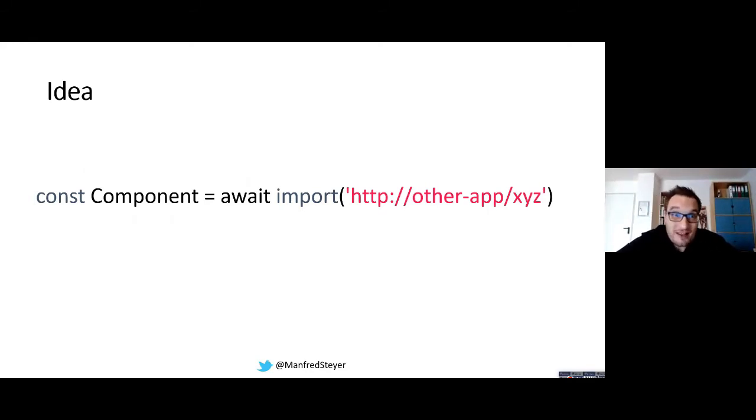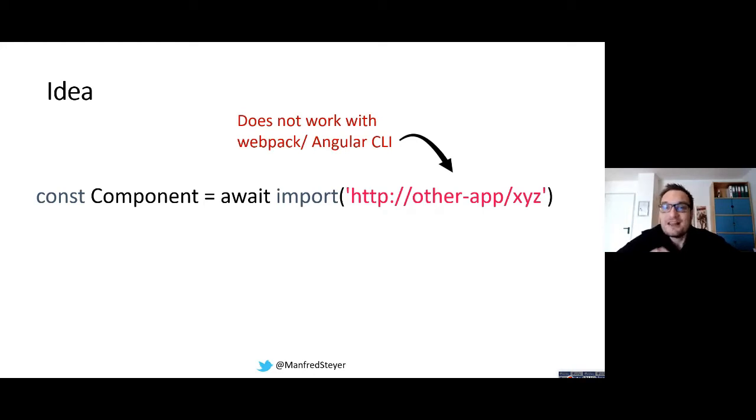Well, the thing is, in theory, this works. But in practice, when we are using Webpack, this does not work. And nowadays, almost everyone is using Webpack, especially in the world of Angular, because the CLI is heavily making use of Webpack. Also, other areas like the React area or the Vue area are going with Webpack.